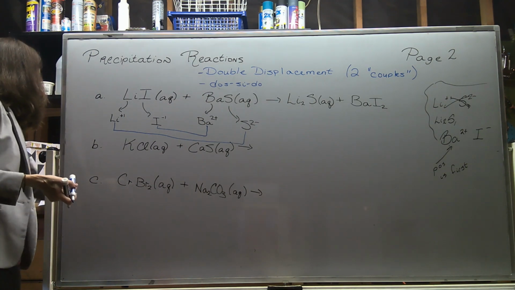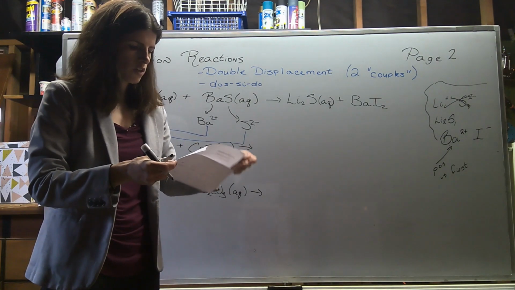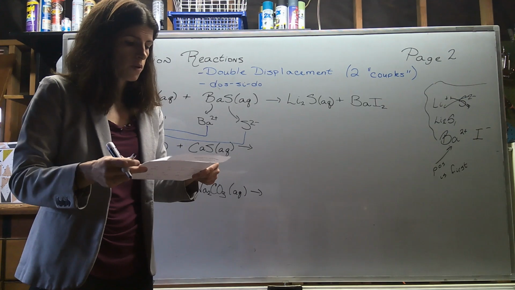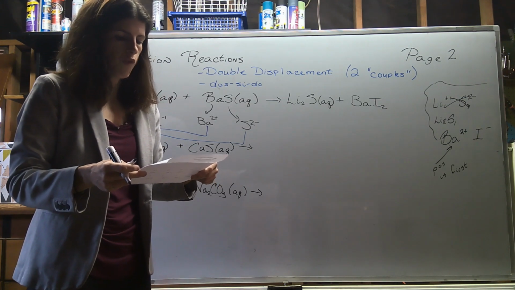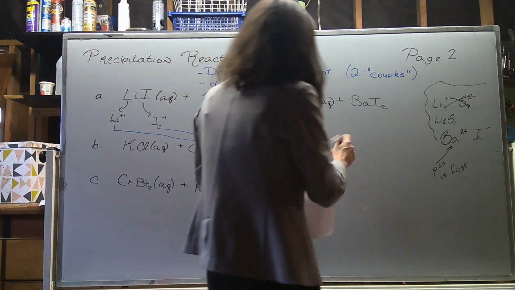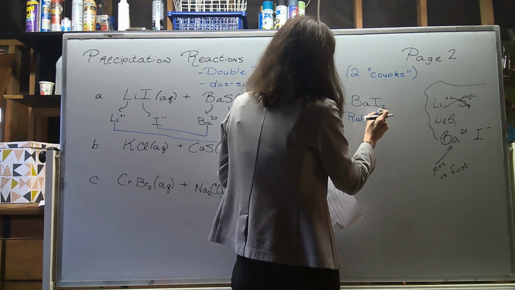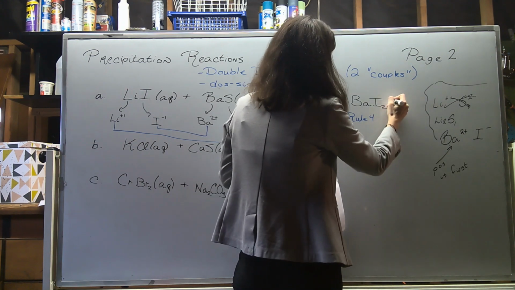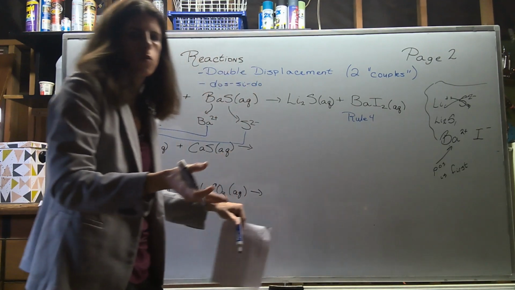Just trying to get the number on that rule for you. So you're going to go down to, what number? Rule 4 tells us that this is soluble. So I'm going to put AQ. It's not one of the exceptions.